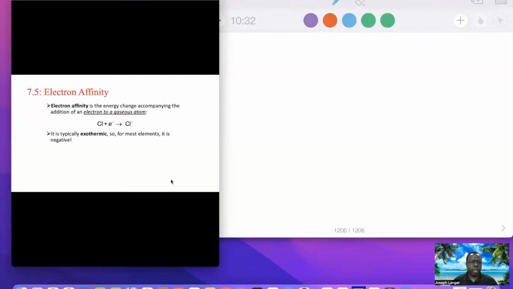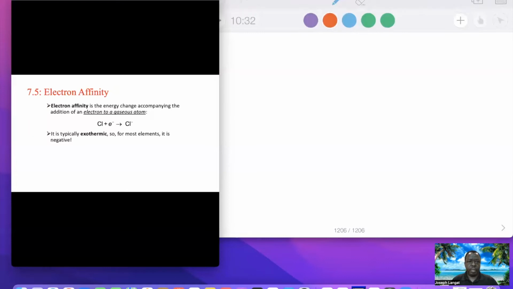Let's look at the electron affinity. What is an electron affinity? This is one of the properties of elements, and there is a trend, a pattern on the periodic table. Before we look at the trend, let's look at how we define electron affinity.